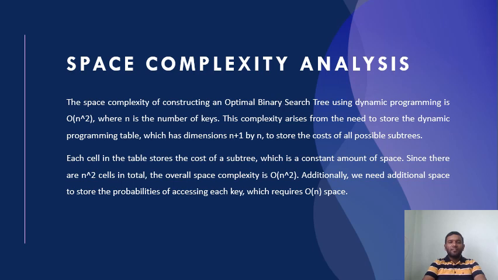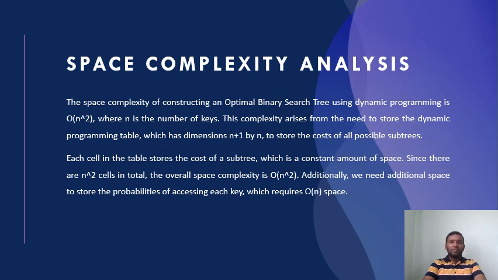Here, space complexity analysis of constructing an optimal binary search tree using dynamic programming where n is the number of keys. This complexity arises from the need to store the dynamic programming table, which has dimensions n plus 1 by n, to store the costs of all possible subtrees.